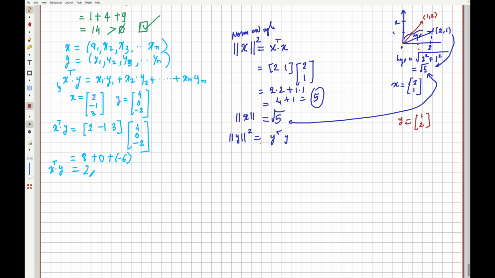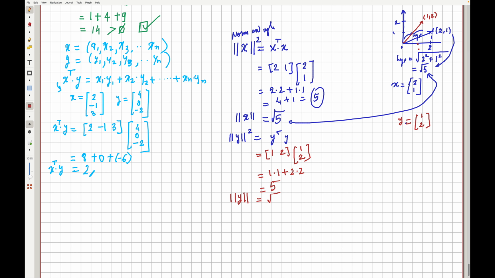Again, if we take the dot product of these, we have (1, 2) and again (1, 2) as a column vector, so 1 times 1 is 1 and 2 times 2 is 4, and we again get 5 as the squared norm.